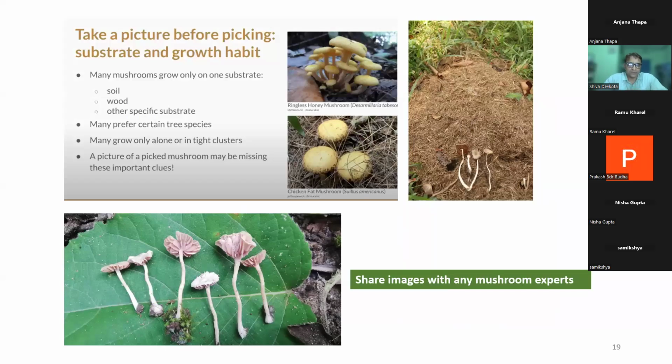So it is always better to ask people to take complete pictures of the mushrooms, and to note where they picked or harvested them, whether from dung, from the forest, from soil, or elsewhere. It is better to take pictures of the upper part of the cap and the lower part of the cap, showing the gills and the stipe or stalk. We need to get every part really visible to identify mushrooms. So we should always ask them to take close-up pictures and pictures from a distance.